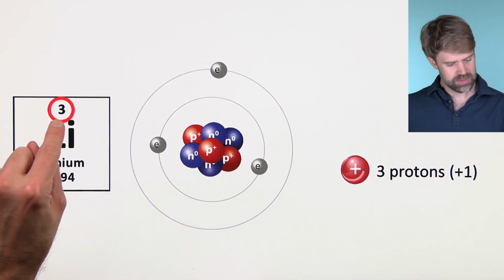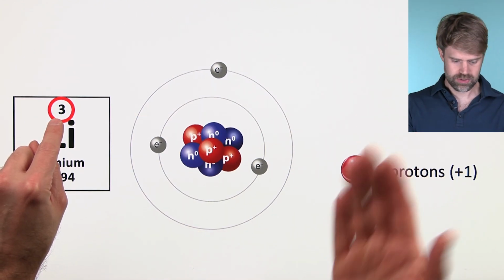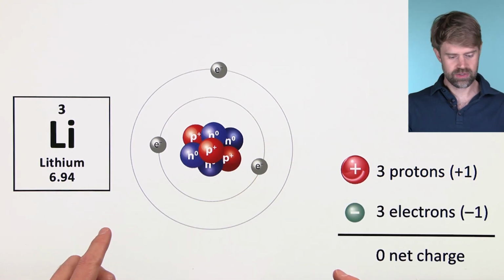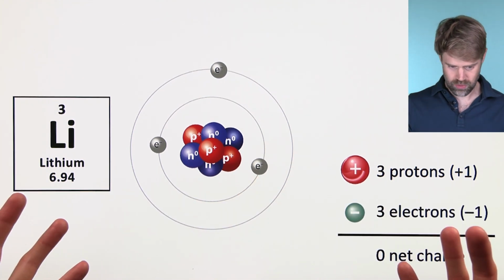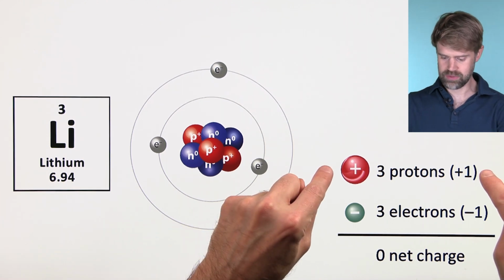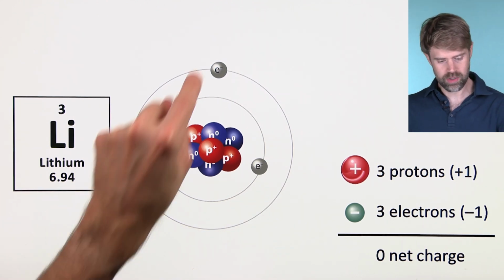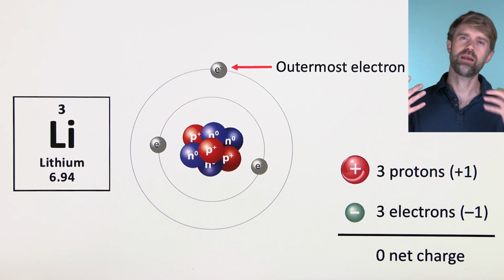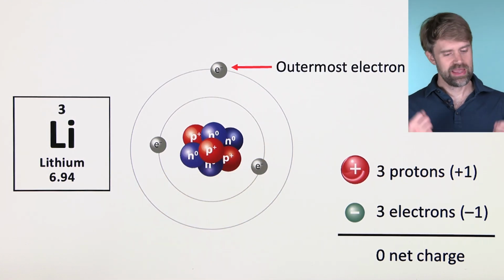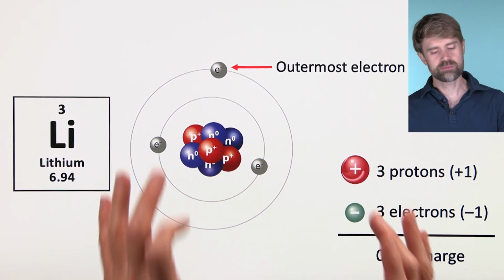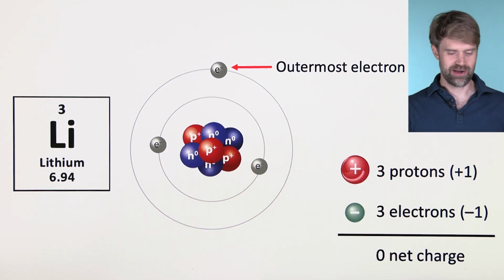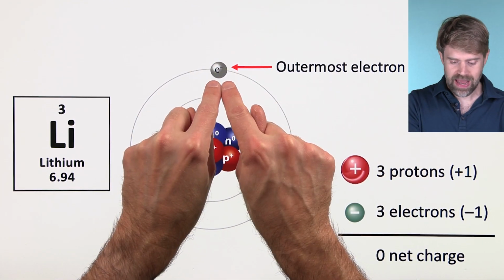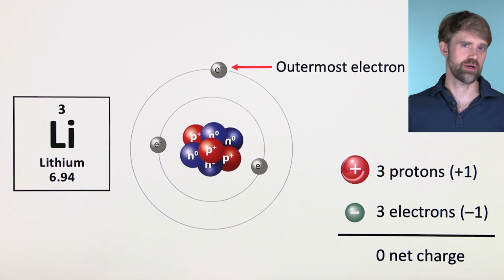So lithium is atomic number 3, so it has 3 protons here in the nucleus. And if the lithium atom is neutral, it's got to balance out these 3 positive protons with 1, 2, 3 negatively charged electrons. Now, for reasons that we'll explain in another video, lithium likes to lose its outermost electron here.